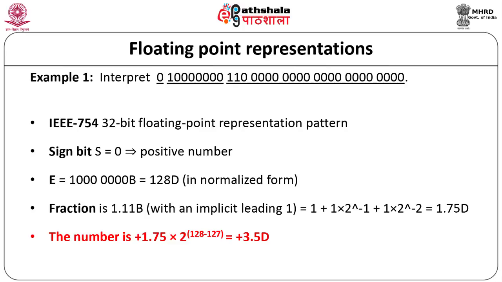Fraction is 1.11 in binary and that is approximately equal to 1.75 in decimal. The number is plus 1.75 into 2 raised to 128 minus 127. So, that is equal to 3.5 in decimal.